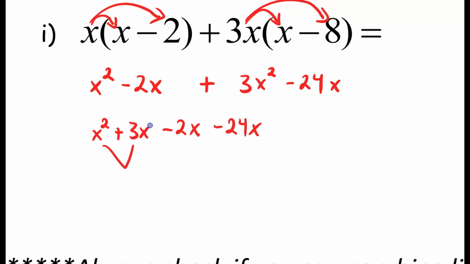We can combine. We have x squared plus 3x squared, which gets us 4x squared. And then we have negative 2x subtract 24x, which gets us negative 26x. And that would be our final answer.